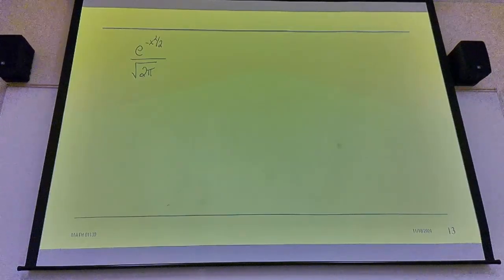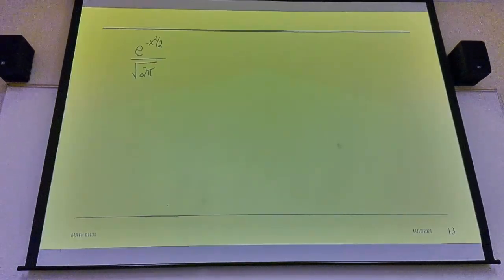So do you recognize this? You know, I don't remember much. It was a good class, but this is the standard normal probability distribution. Standard normal is different from normal? It's not different, it's a special type of normal. Standard normal is the normal distribution that has mean of 0 and standard deviation of 1, versus the normal distribution can have any mean and any standard deviation.